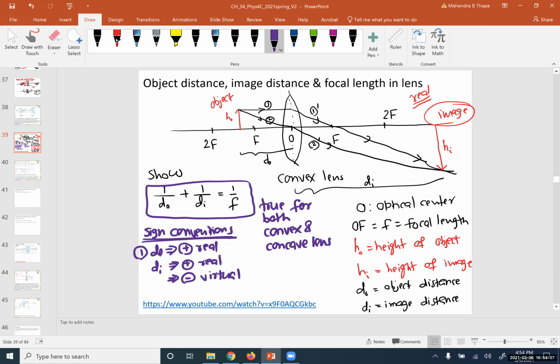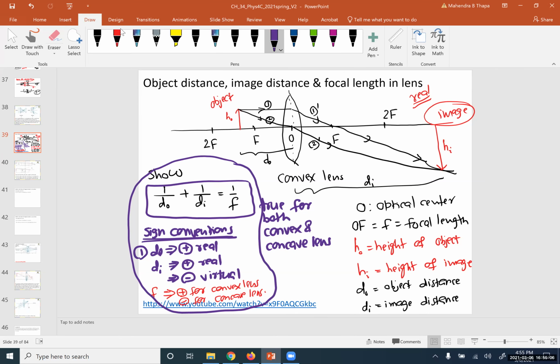Focal length is positive for convex lens and negative for concave lens. You have to stick to one sign convention throughout the topic or problem.